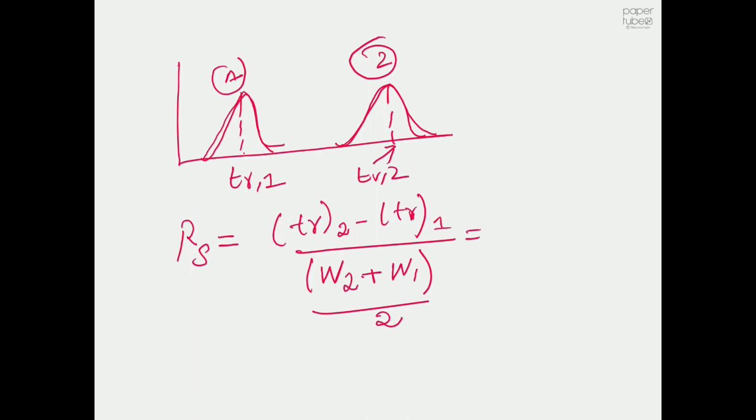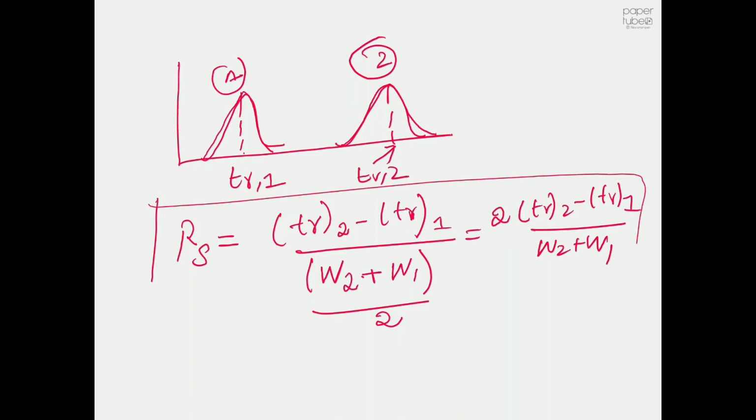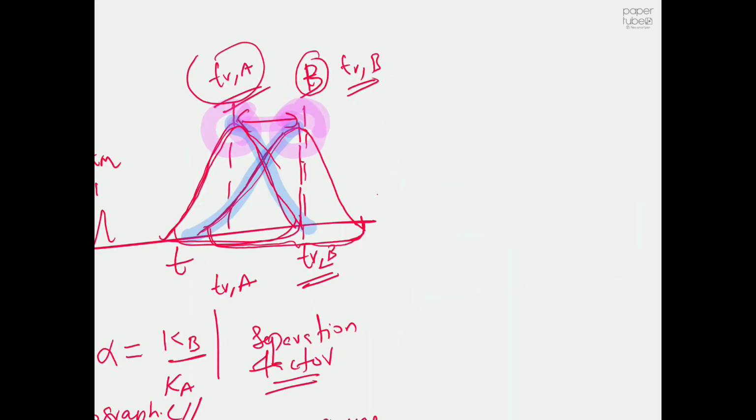So in this case you can write TR2 minus TR1 divided by W2 plus W1. I hope you all can follow up to this point.